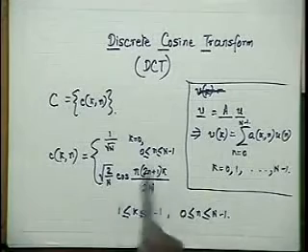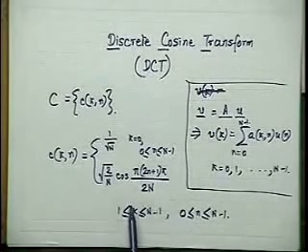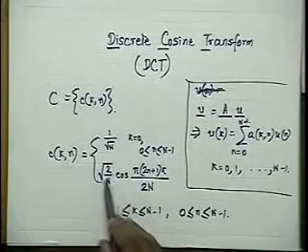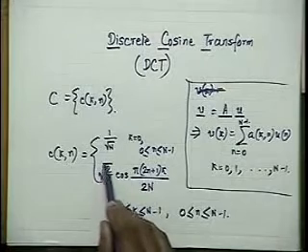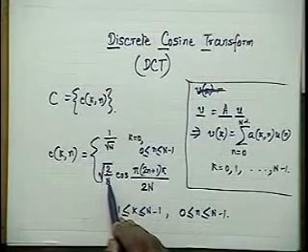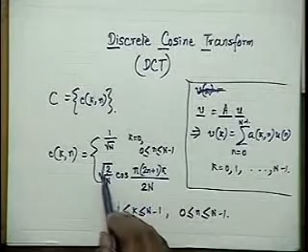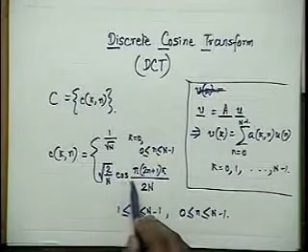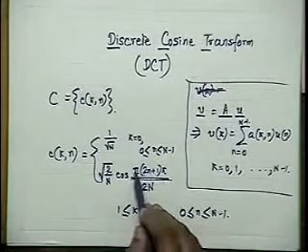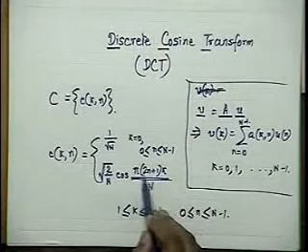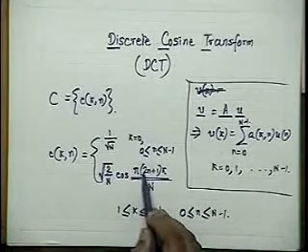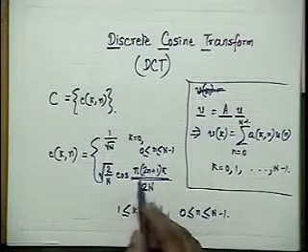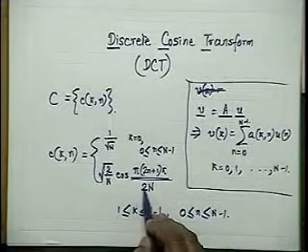So C_kn is equal to the square root of 2 by capital N, cosine of pi times (2n plus 1) multiplied by k, and the denominator of the cosine argument is 2N.